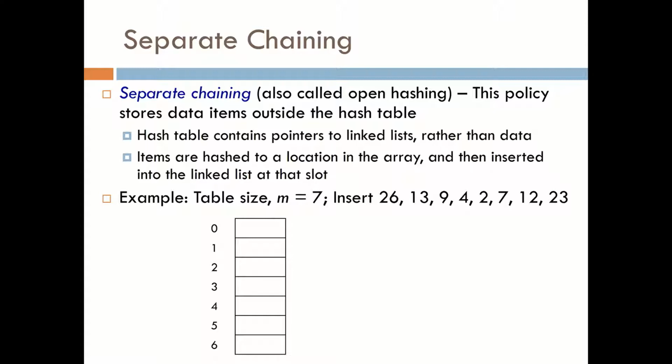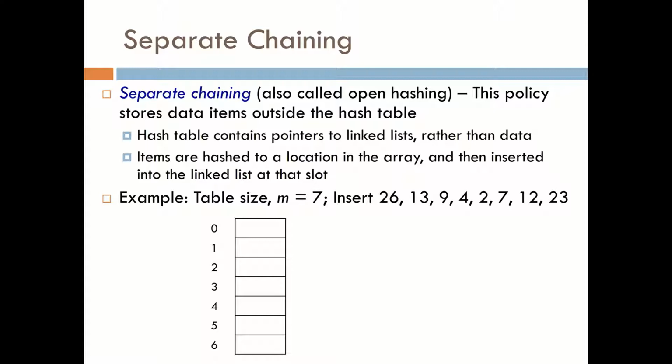So I will begin by talking about separate chaining, which is also called open hashing. And this is called open hashing because the data is actually not stored in the table itself. So this particular hashing method stores the data in linked lists outside of the hash table.